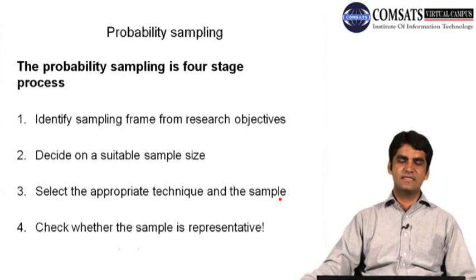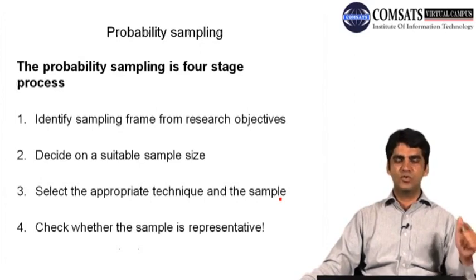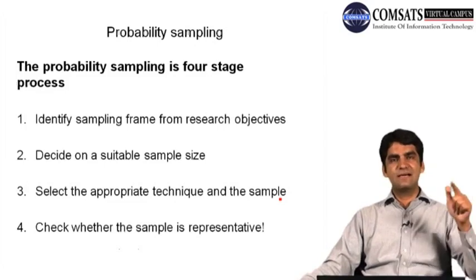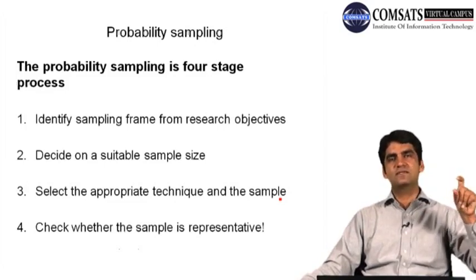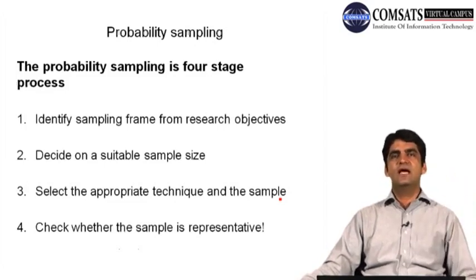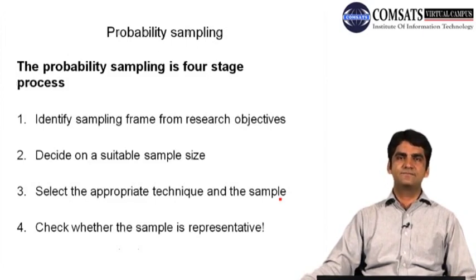Probability sampling is a 4-stage process. 1, you identify the sampling frame from your research objectives. 2, you decide on a suitable sample size. Sampling frame is basically knowing the total population that you have. For example, if you want to cover rural poverty in one of the districts, then you know how much is the rural population, and you might also know how much of them are living in rural areas of Pakistan or that particular district of Pakistan.